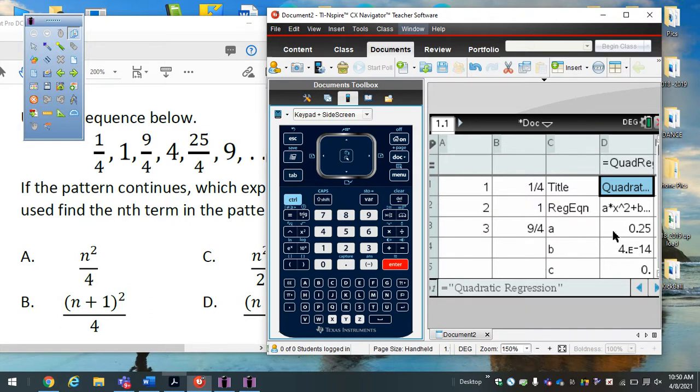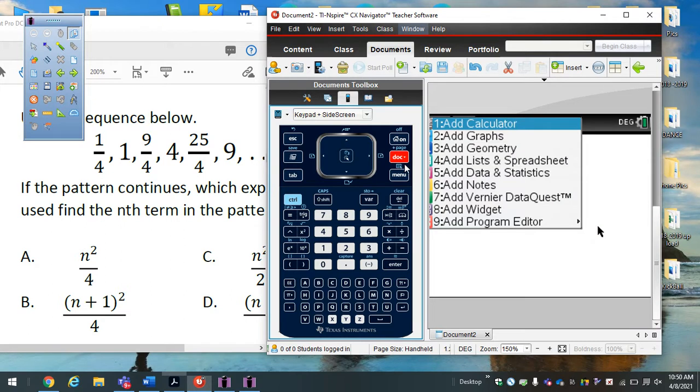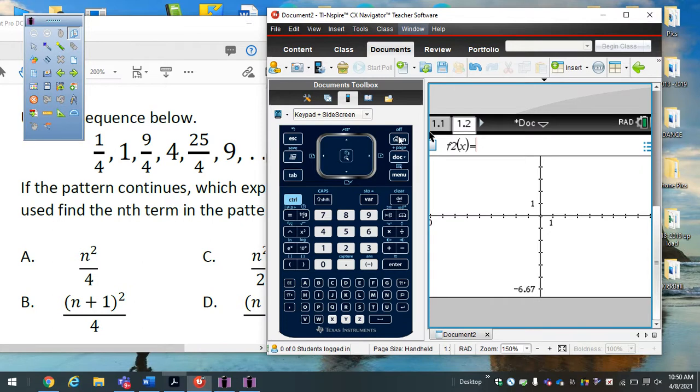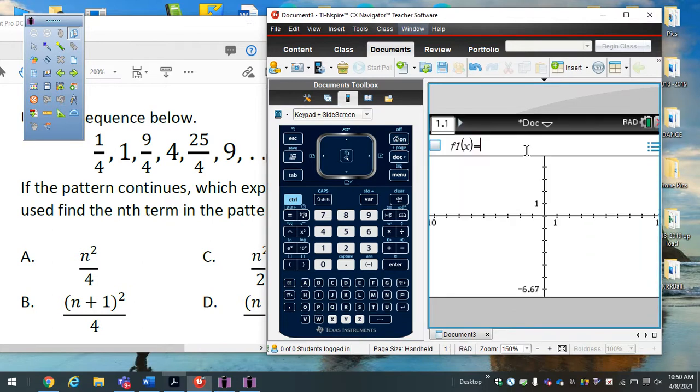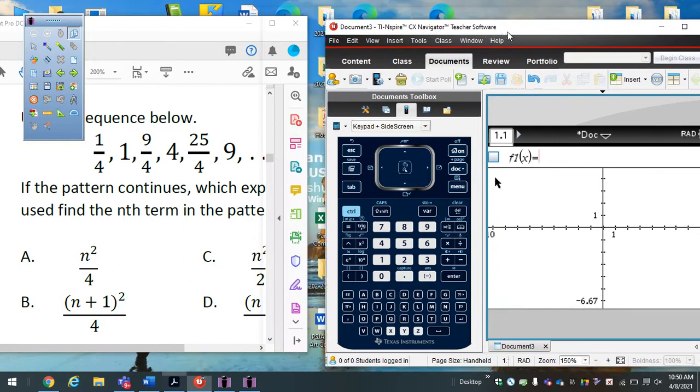Okay, well, I'm going to approach it a different way then. Control new document. I'll go to graphs. Now I'll type this one there. And that's the one with a fourth, because I saw a fourth right now.